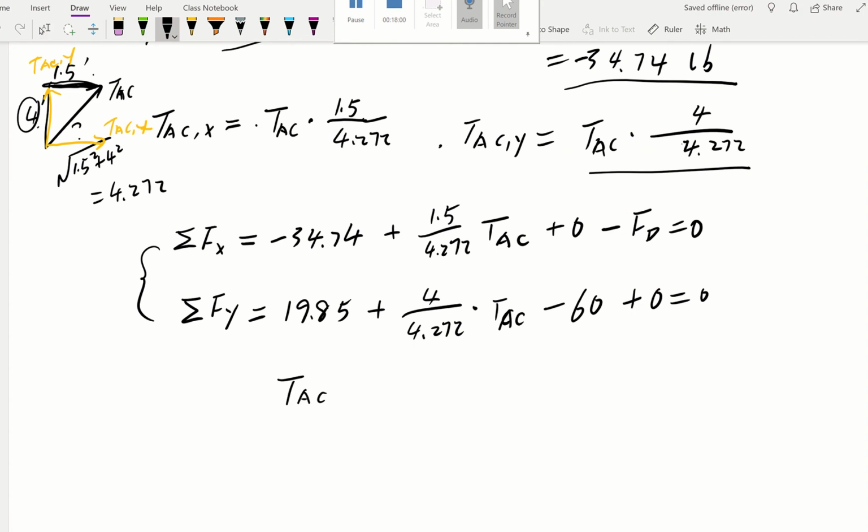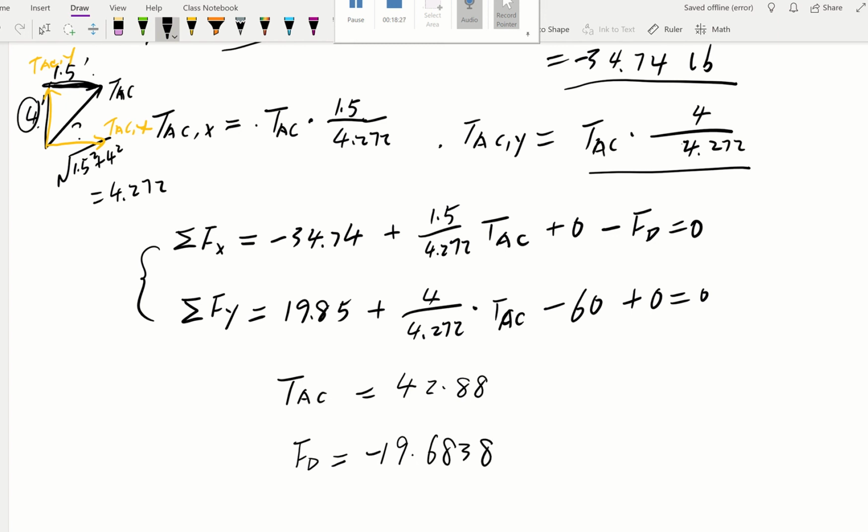That's giving us 42.8802. Okay. Then my drag force FD is 19.6838, and it's a negative value.